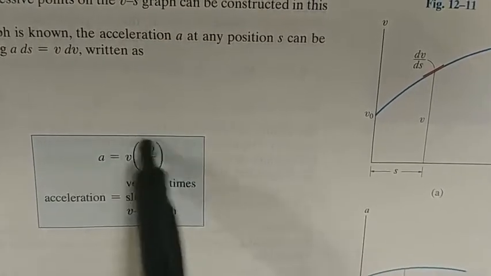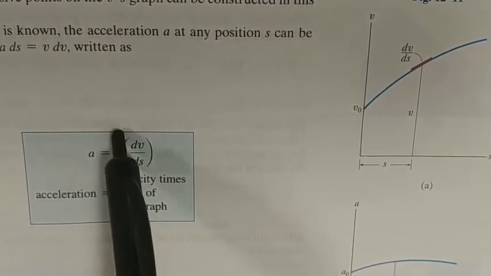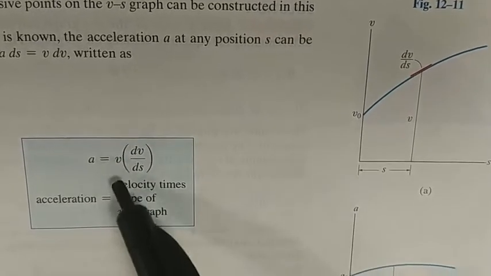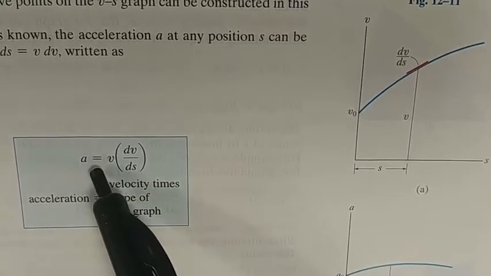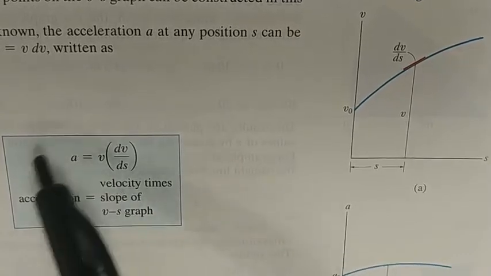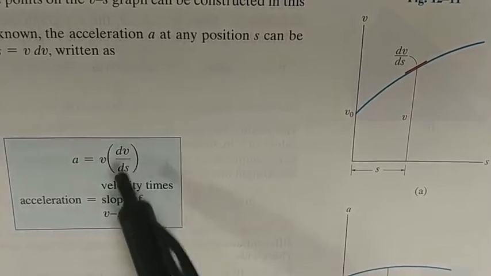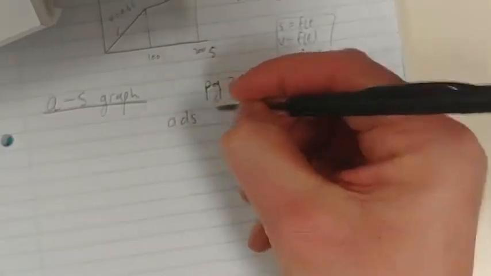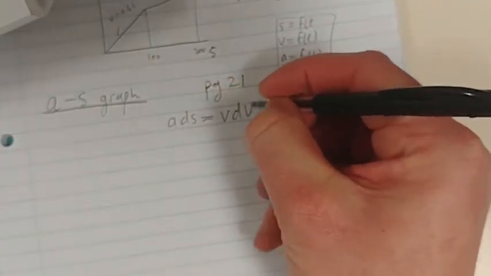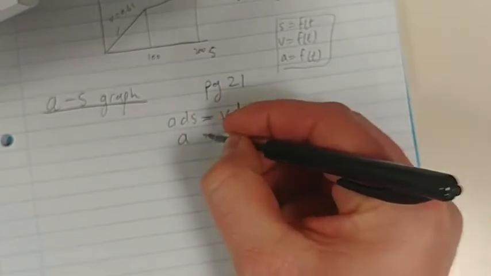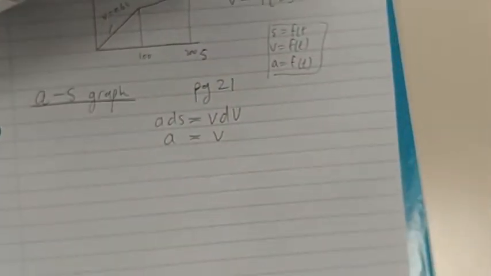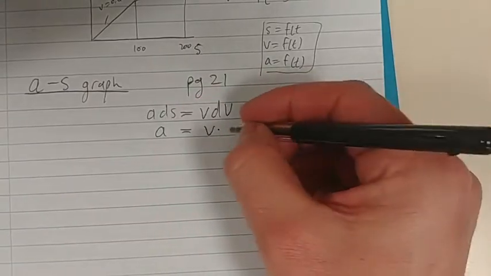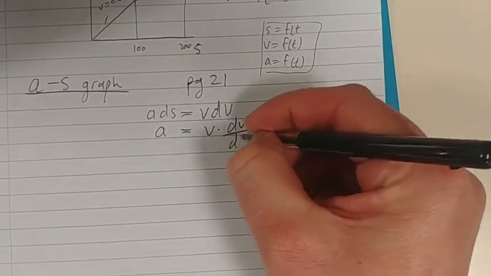And essentially, where does this come from? We know a ds equals v dv. And if we try to calculate acceleration from that equation, a ds equals v dv, we will get this. So we take a ds equals v dv. We know that our acceleration is v times dv/ds.